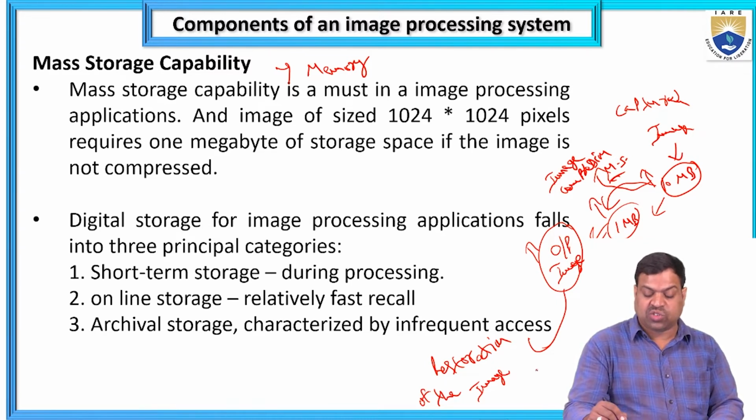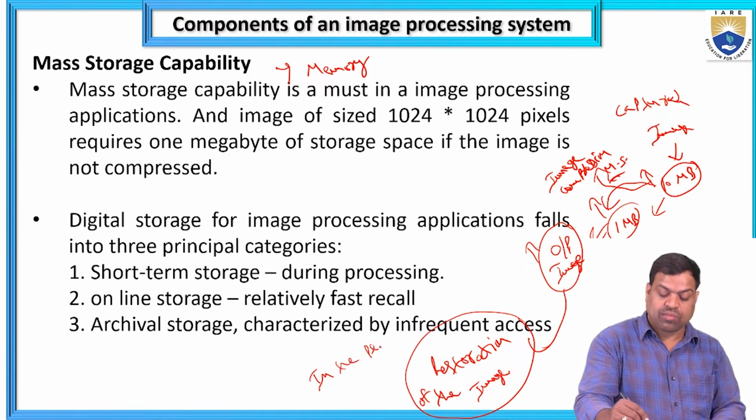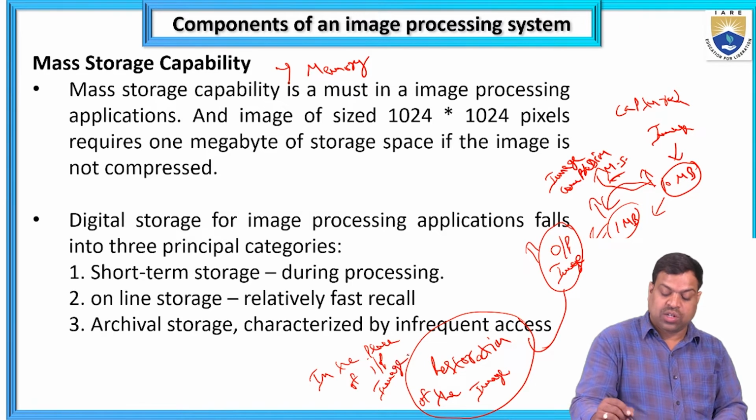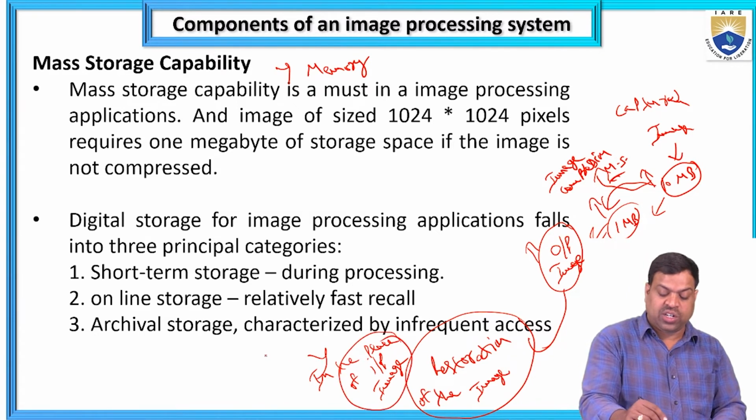That is the restoration: in the place of the input image, I store this output image. The 10 MB was stored in a place, and in that place I change it to 1 MB.